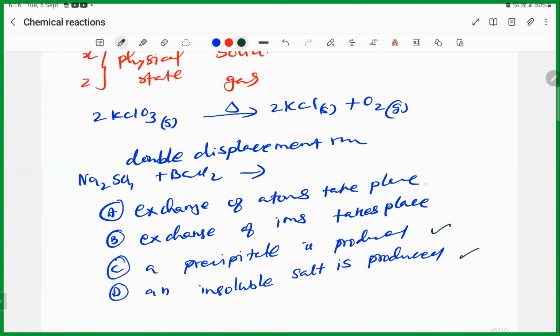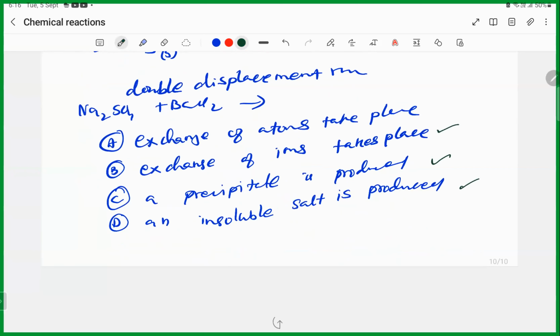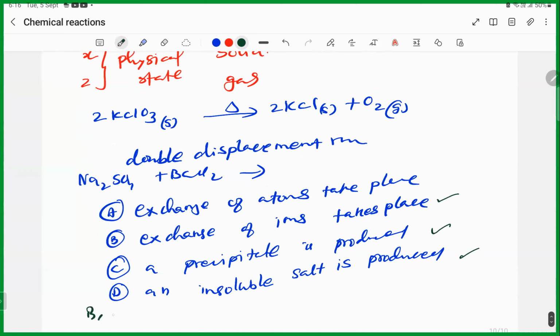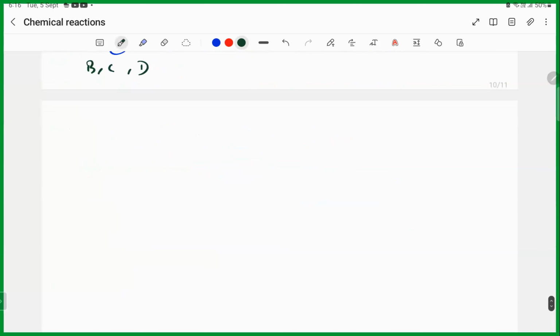So the correct option is B, C, D. ஏன்னா you should not say atom. You have the ions. When you put it in the solution, it becomes Na plus and SO4 2 minus. This becomes Ba2 plus and Cl minus. So these ions will combine, it will give the product. Okay. So you have to be very careful when you are writing the answer.